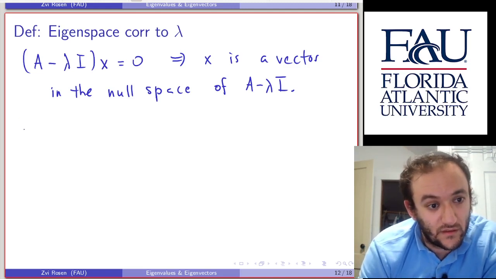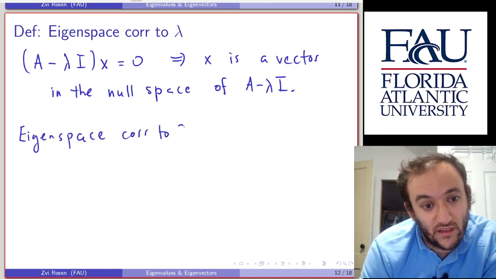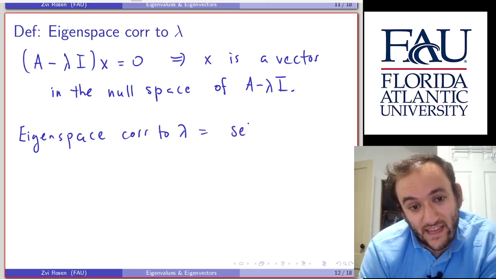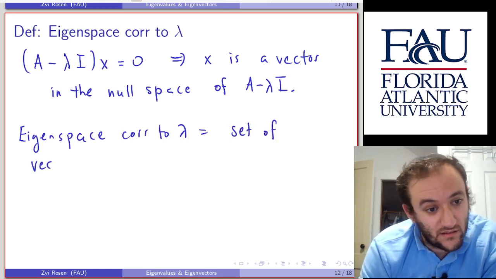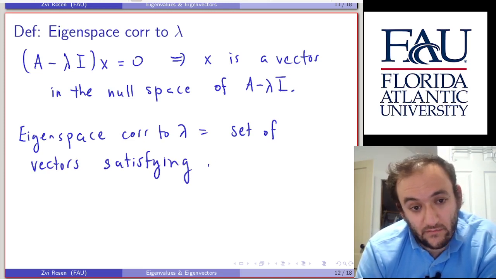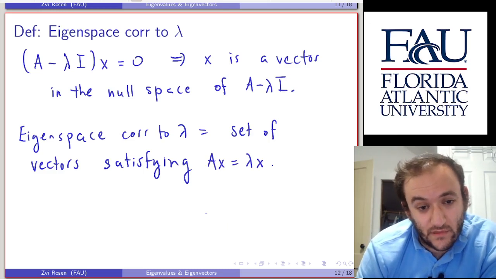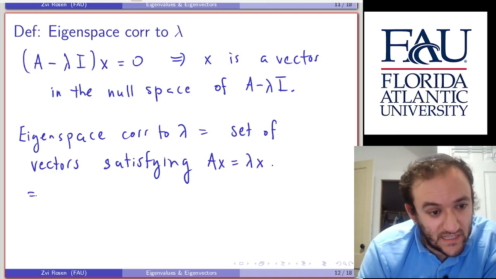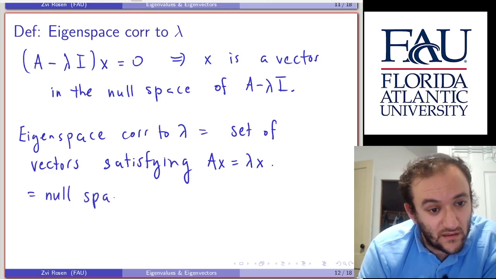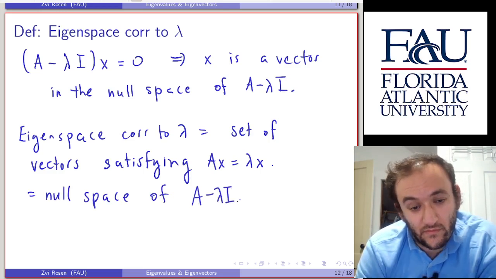Okay? So the eigenspace corresponding to lambda is equal to the set of vectors satisfying Ax equals lambda x, and this equals the null space of the matrix A minus lambda I. Okay.